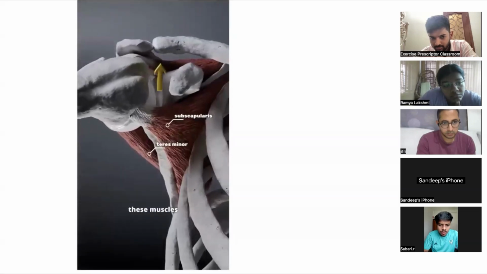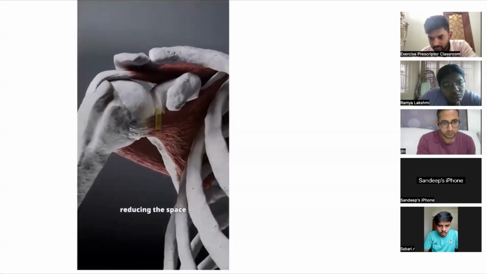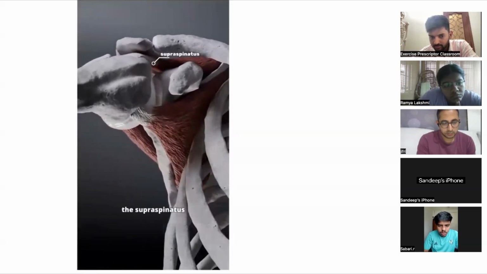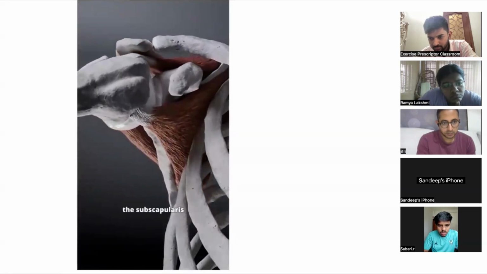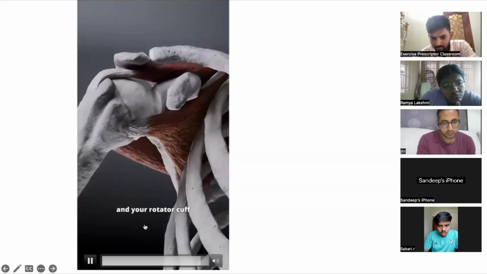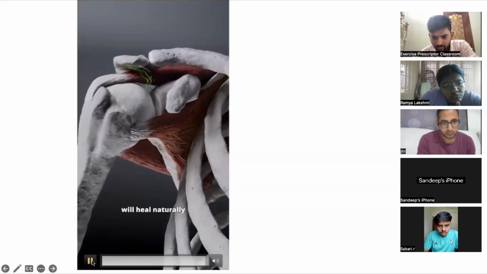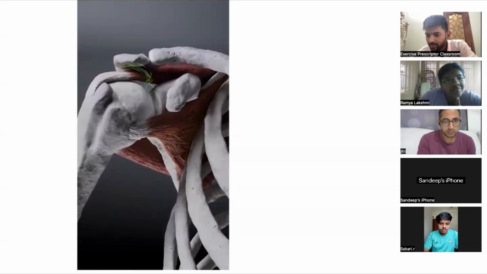However, if these muscles don't engage properly, the humerus head will roll upward, reducing the space available for the supraspinatus tendon to slide under the acromion. This increased friction weakens the tendon over time, leading to injury. Find a way to activate the subscapularis and teres minor while raising your arms, and your rotator cuff will heal naturally. Got it?